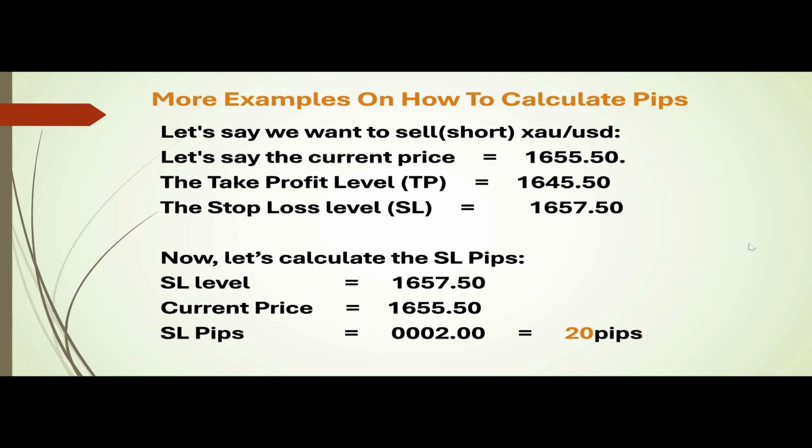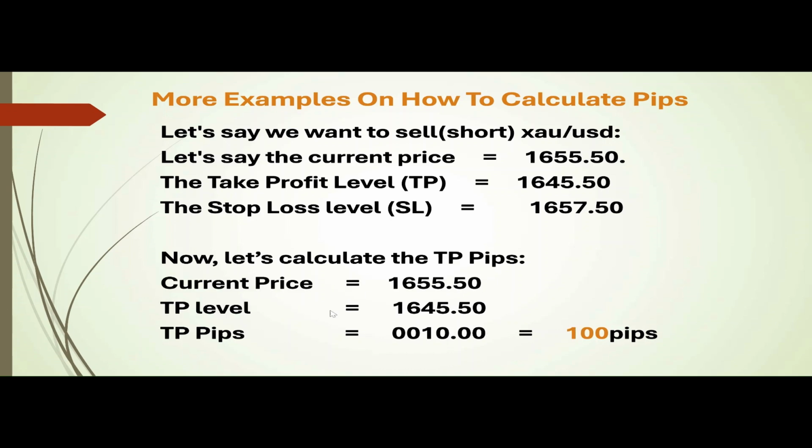So let's calculate our take profit pips. The current price will come first, then the take profit level follows. We subtract the take profit price from the current price the same way. 0 minus 0, 5 minus 5, 0. 5 minus 5, 0 again. 5 minus 4, we have 1. 6 minus 6, 0. 1 minus 1, 0.